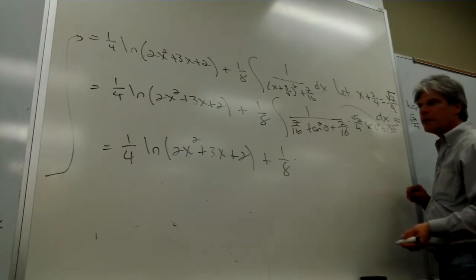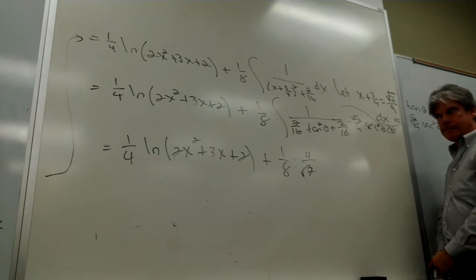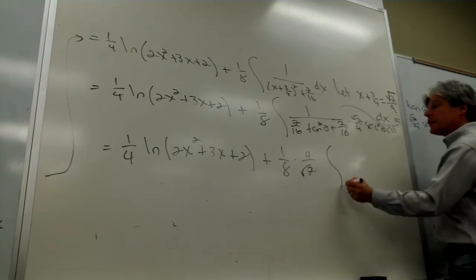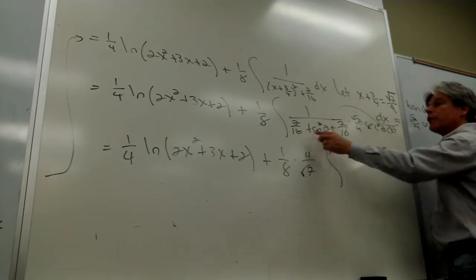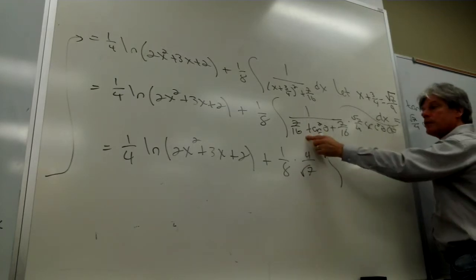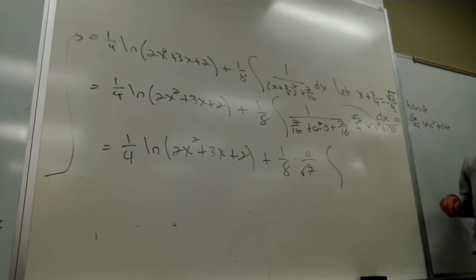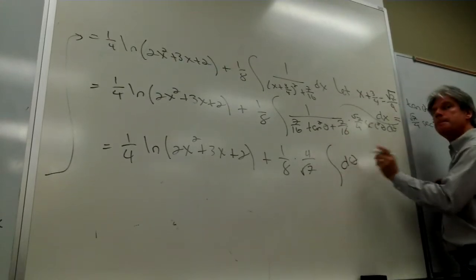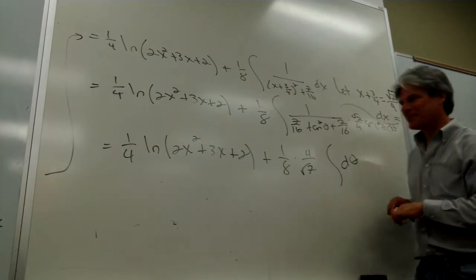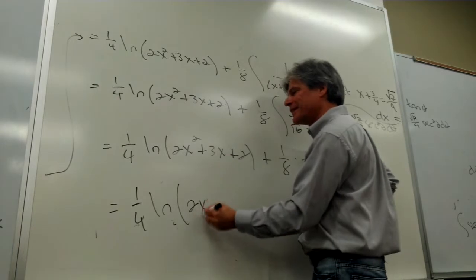But it's downstairs, so I'll invert and multiply. That leaves me with the integral of secant squared over tangent squared plus 1, but that's secant squared over secant squared. Oh, that's easy. That just gives me 1/4 natural log of positive stuff.